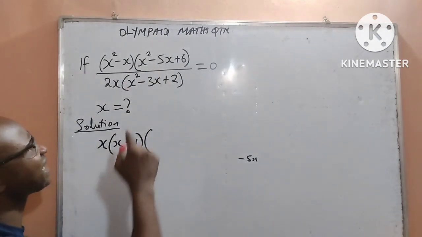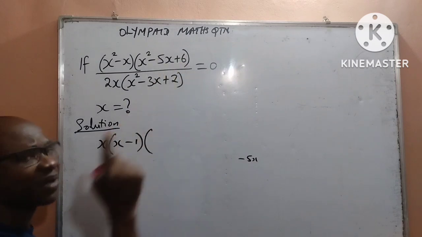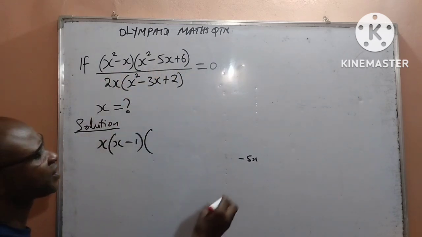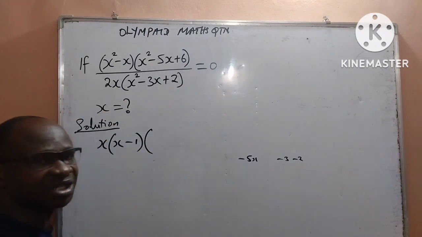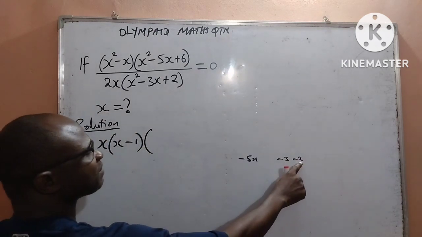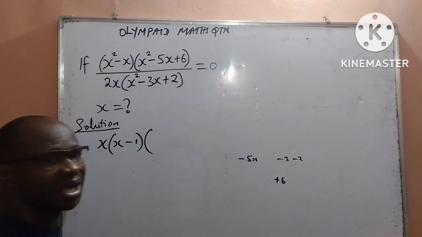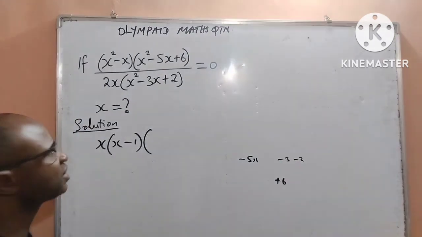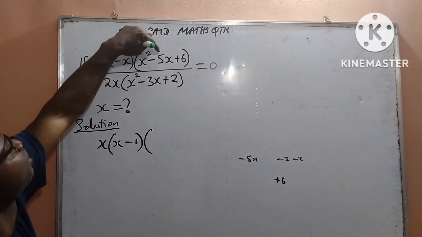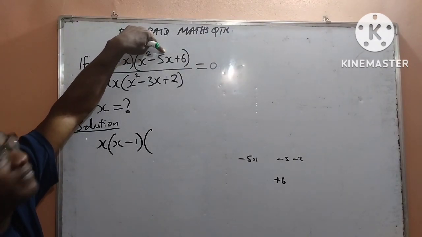Minus 3 and minus 2 can do it, because minus 3 times minus 2 gives me plus 6, and minus 3 minus 2 gives me minus 5. So I'm going to use it to replace minus 5x.